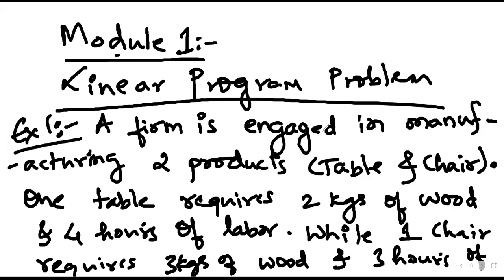Apart from those, you can solve some other questions which are solved in the textbook and which are similar to what I am doing in the class. So the sources are two: one is the textbook which you have received, and the second is the internet. But you can solve only those questions which are similar to what I am doing in the class.